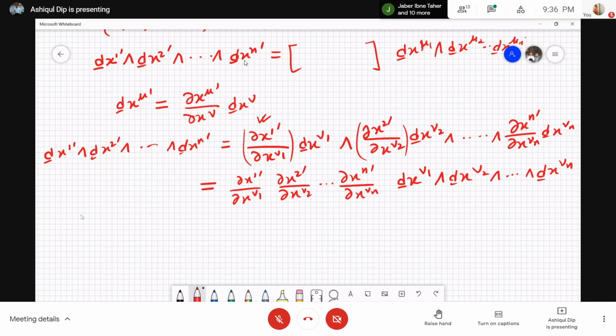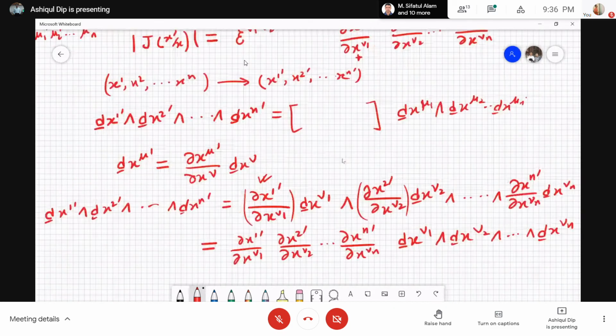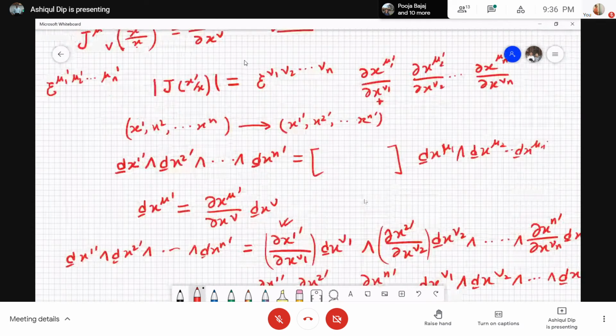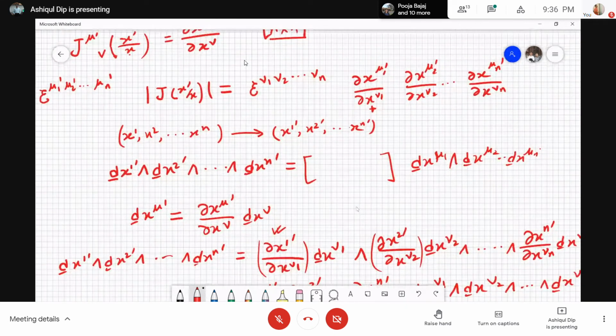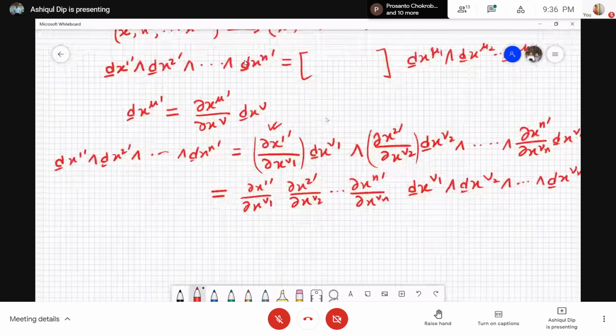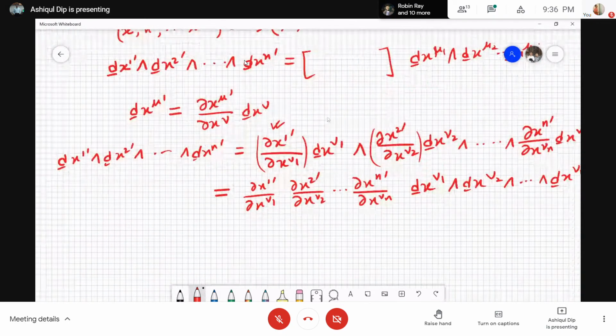But we knew that the Jacobian is related by this relation. Can we introduce it here? Can we see a pattern, something that's similar? Which part is similar?